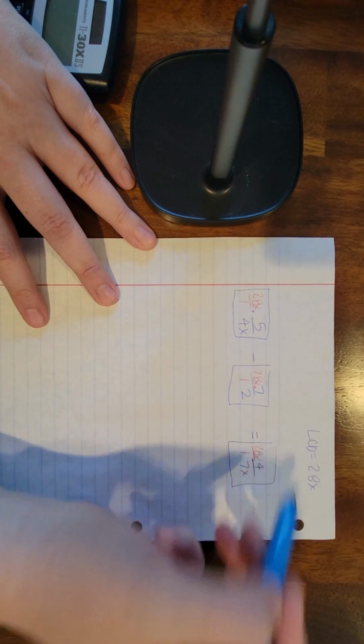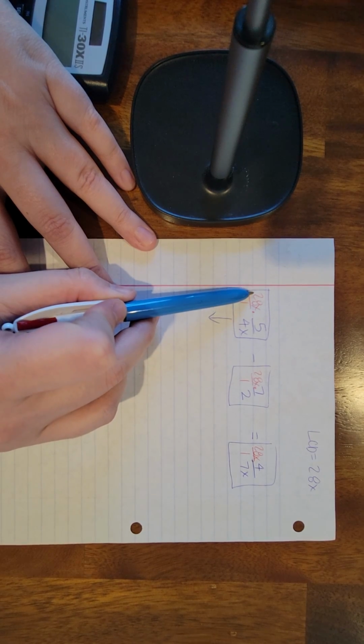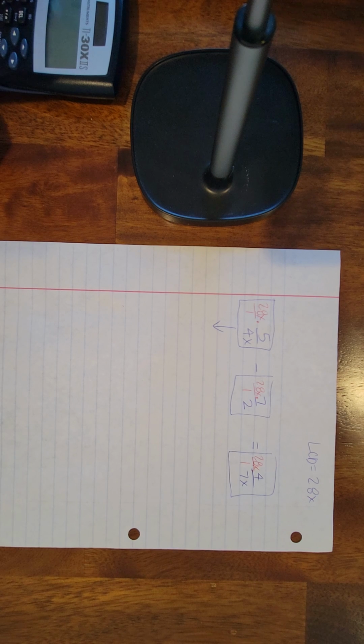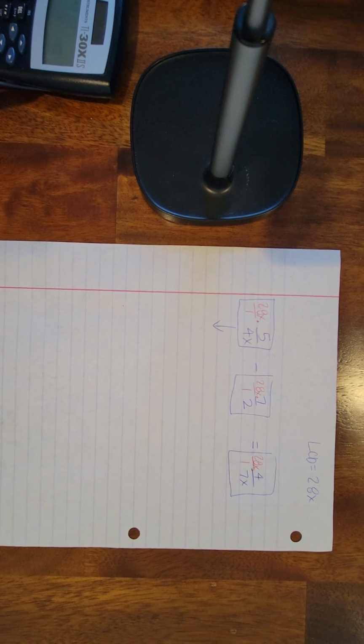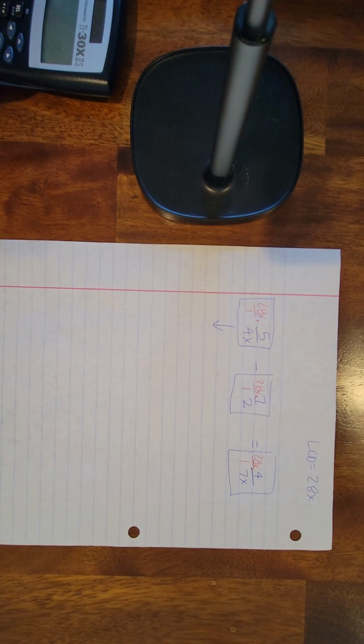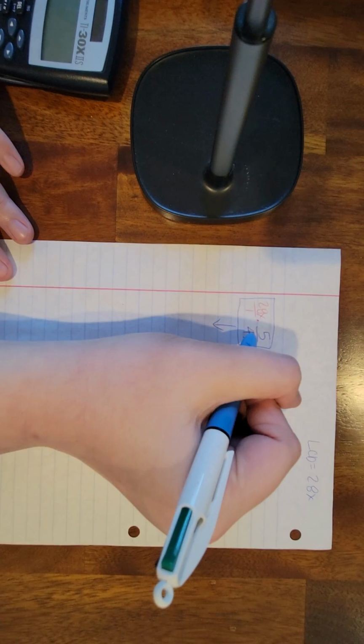And then break it down into little more sizable chunks here. This you can do multiple ways. You can do 28 times 5 is 140, and then divide by 4 and get 35. That works.